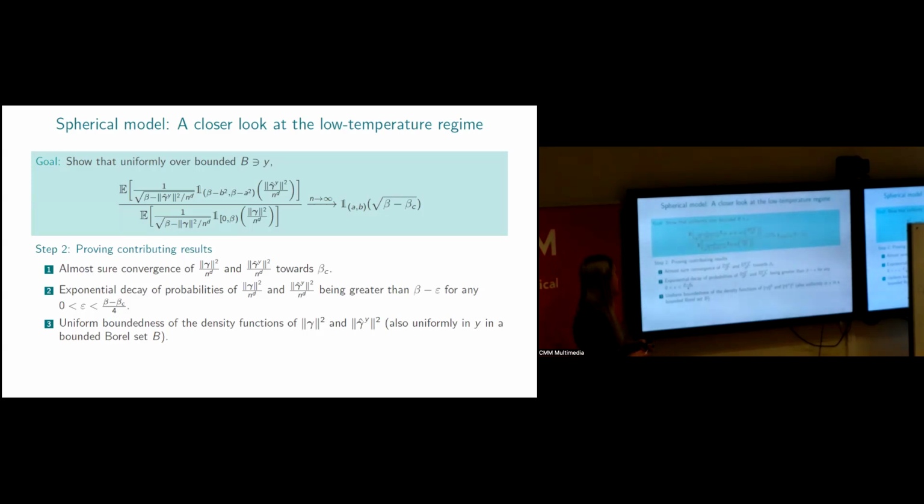Okay, so what are we doing? Of course, the first step is the most obvious one. We show that these both things converge almost surely to beta critical.